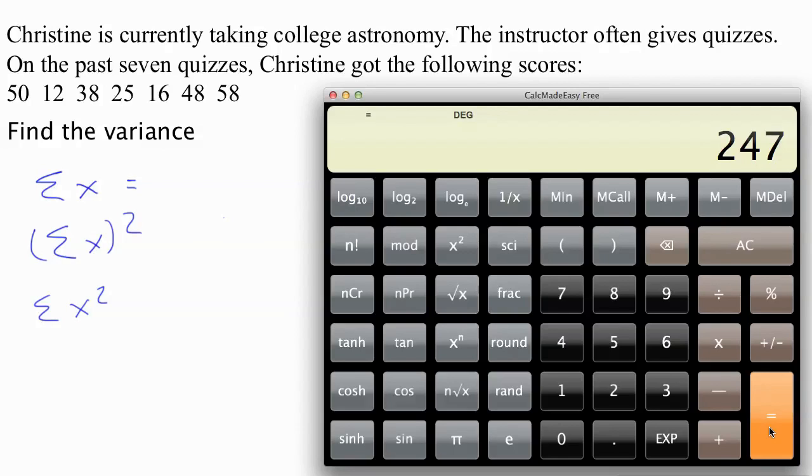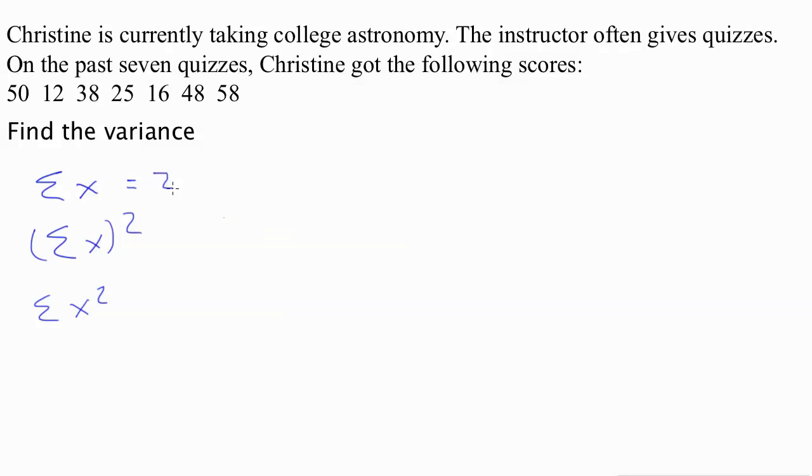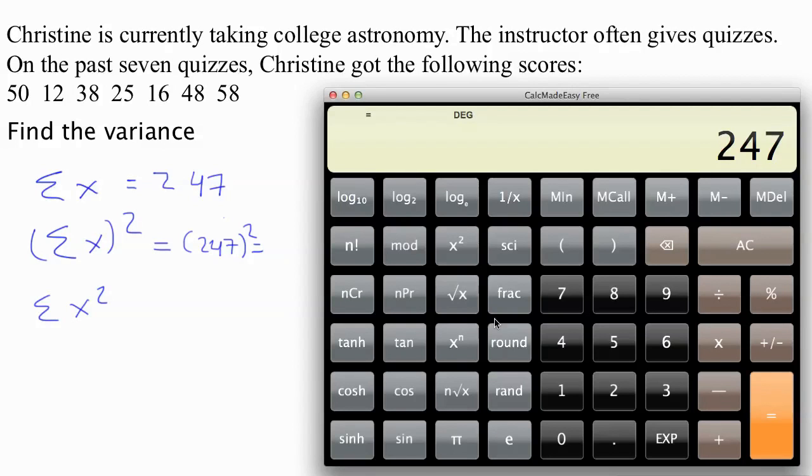Okay, great. So here I have to write 247. Now this will be the square of this amount, which will be 247 squared. You square this amount, and how much do you get?